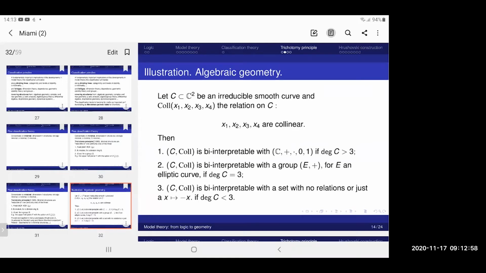Okay, so how does the degree of the curve play out in this picture?